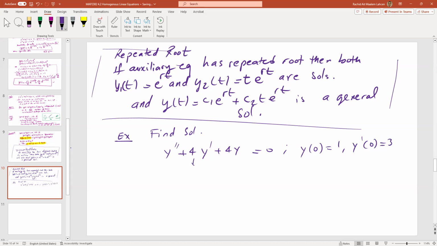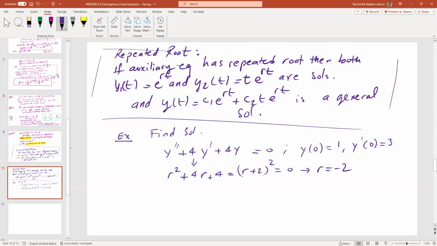So now you see that you're going to form the characteristic equation, which we find is a perfect square, with roots equal to -2, so we run into this repeated root, right?